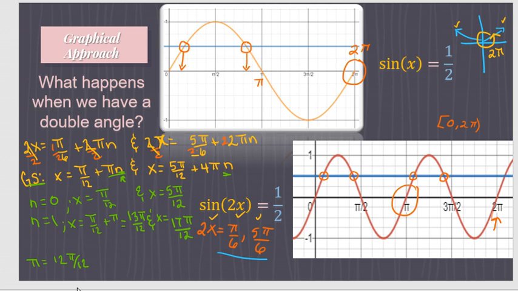Now, if I go any further past 17 pi over 12, if I add another 5 to it, I'll be at 22 pi over 12. Oh, that actually works. How is that right? I'm double checking myself. I thought I should only have 2. Did I do something wrong?